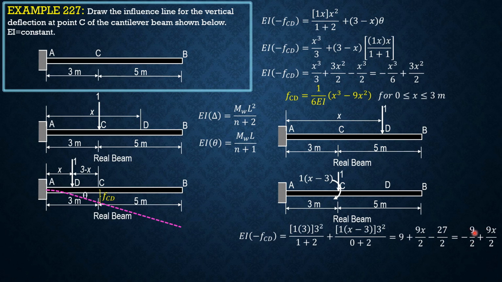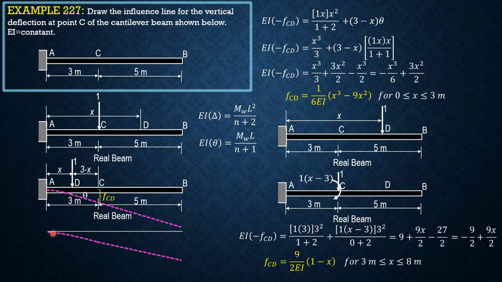Factoring out 9 over 2 EI, then we'll have 1 minus x. So FCD is 9 over 2 EI times quantity 1 minus x. This is for 3 less than or equal to x less than or equal to 8. So we have two equations. So let's now have the influence line for the vertical deflection at C.